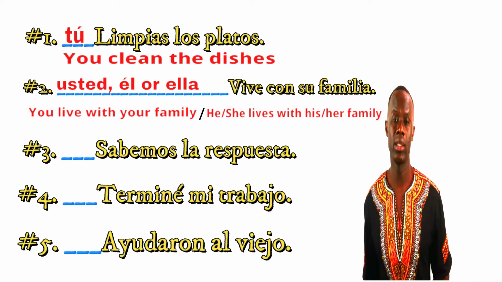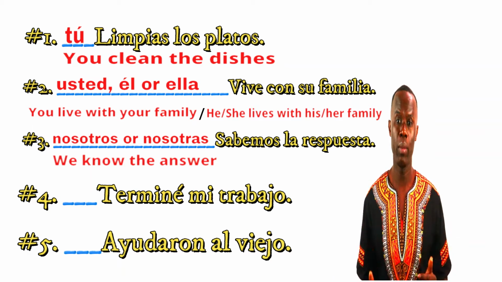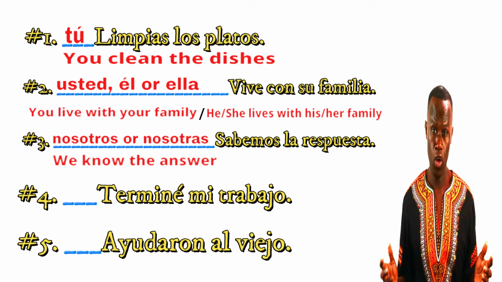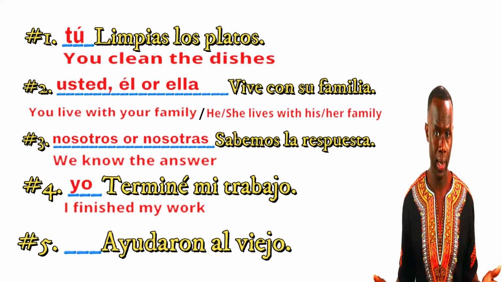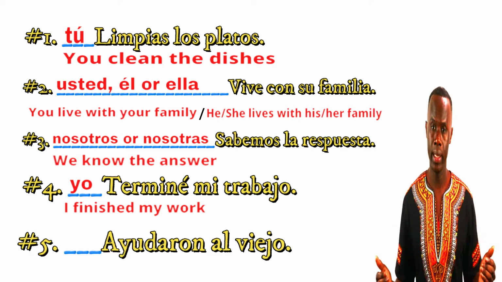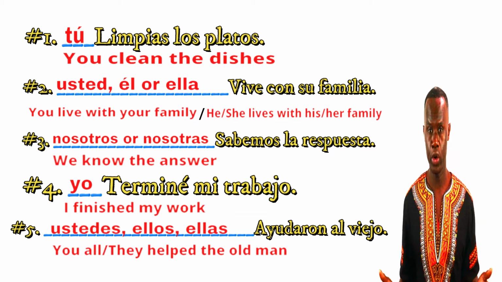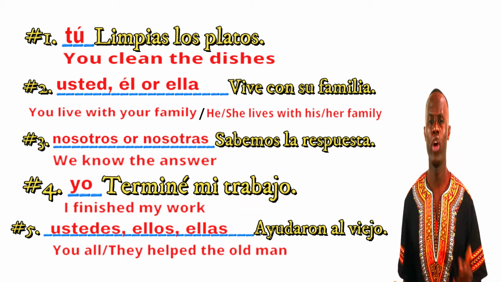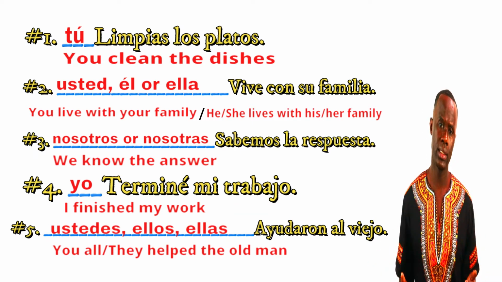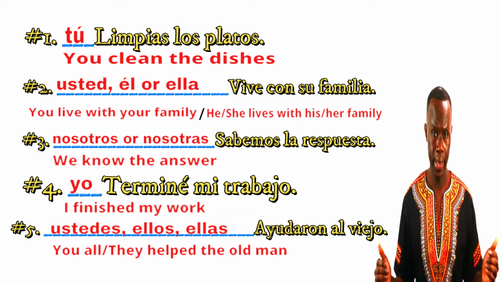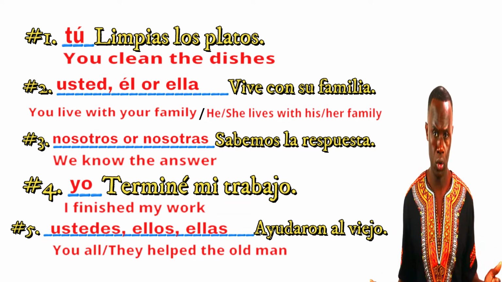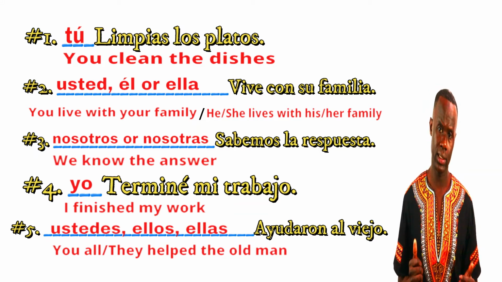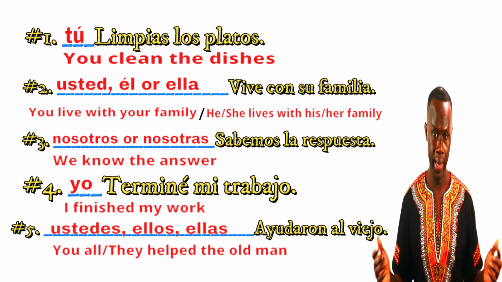Now the third one is nosotros sabemos la respuesta. The fourth one is yo terminé mi trabajo. And the fifth one can be ustedes, ellos, o ellas. For example, ustedes ayudaron al viejo, ellos ayudaron al viejo, o ellas ayudaron al viejo.